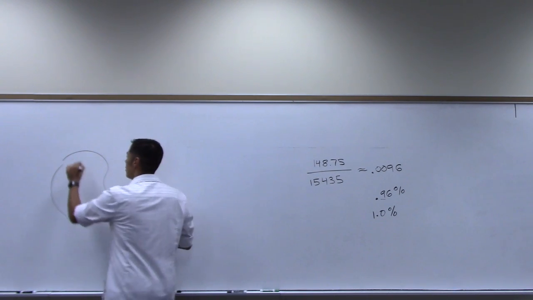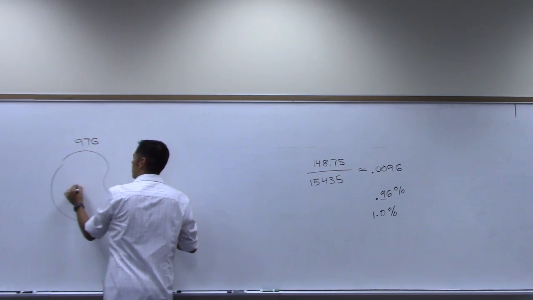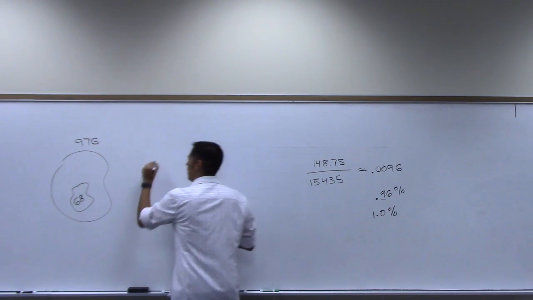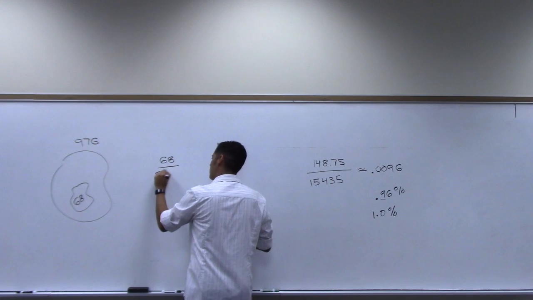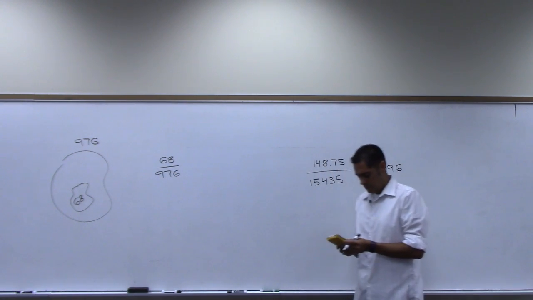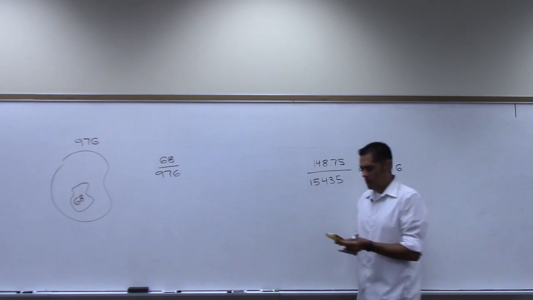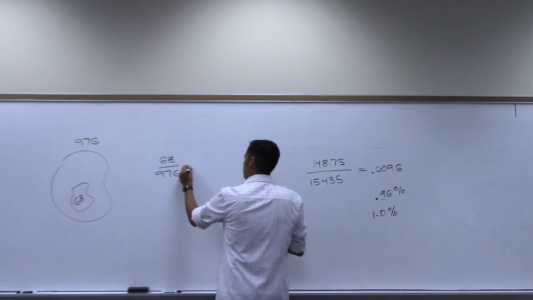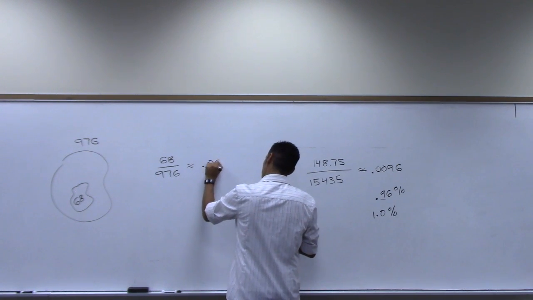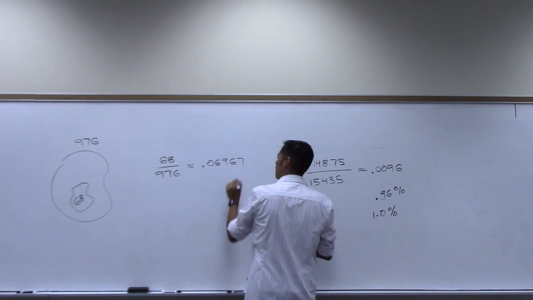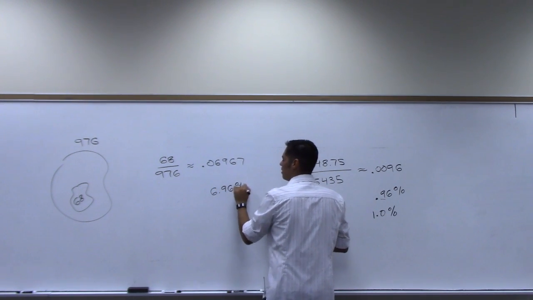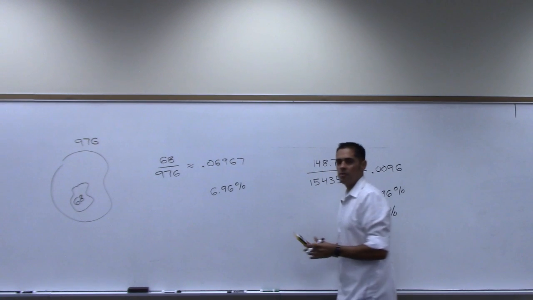It was 976. They tell you how many drink every day? 68. And they want to know this as a percentage, so you just take 68 and divide it by 976, and that's it. So you want me to just put like 30 of those on the test? Just like that? 0.06967. So this is about 6.96%. You could round that to 7% if you want.